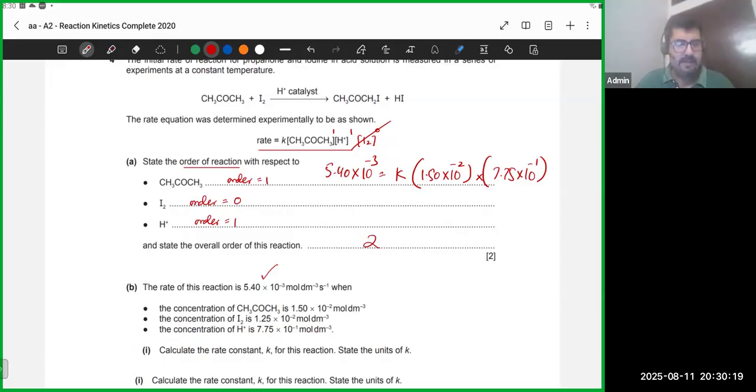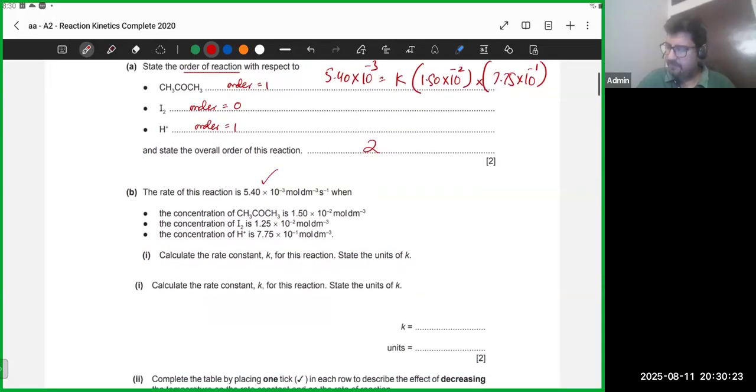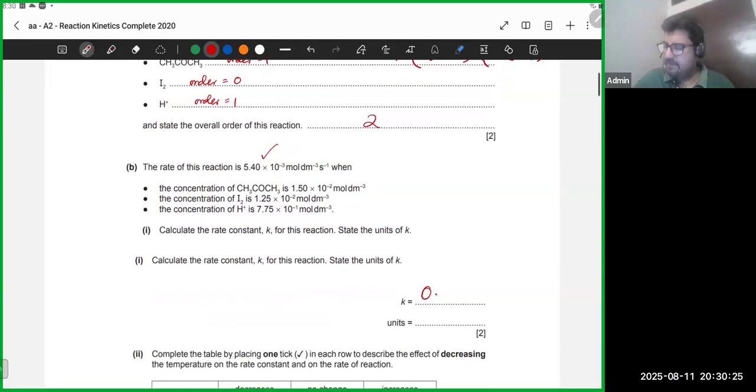I'm getting 0.69, this will become 70. So I'm getting K as 0.700, in this case.